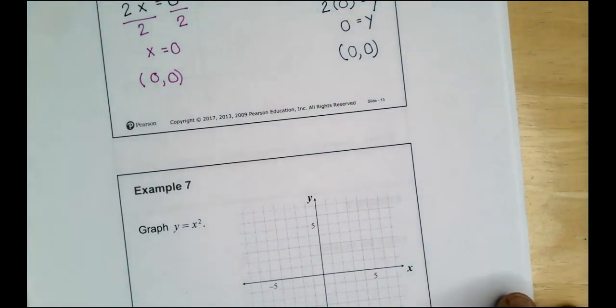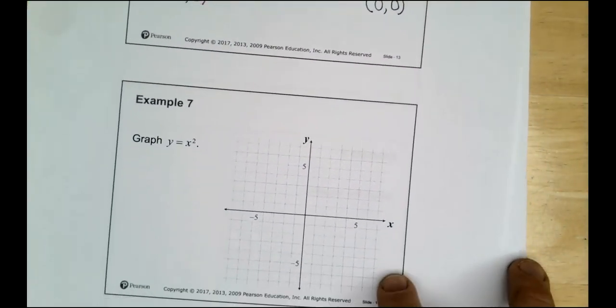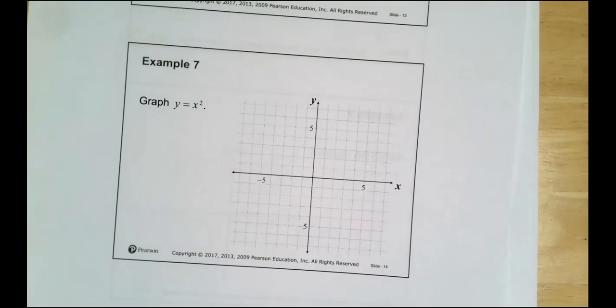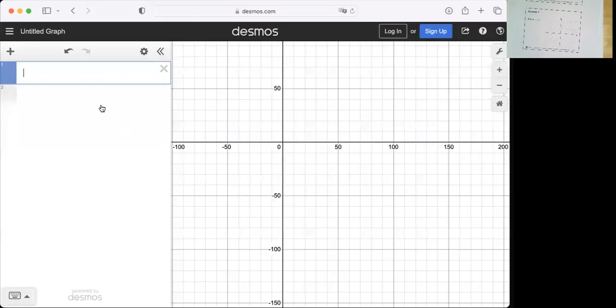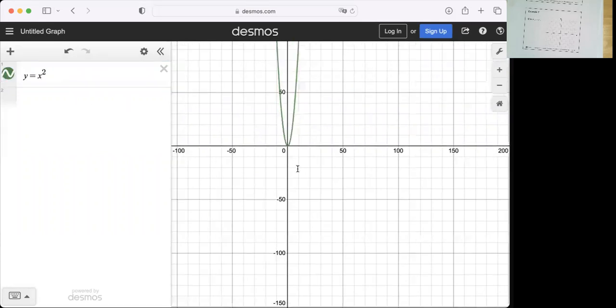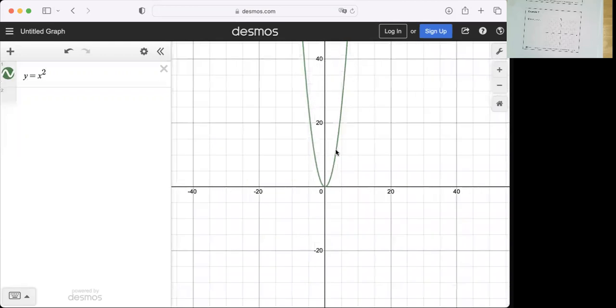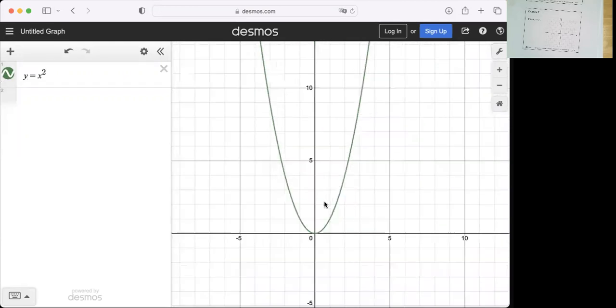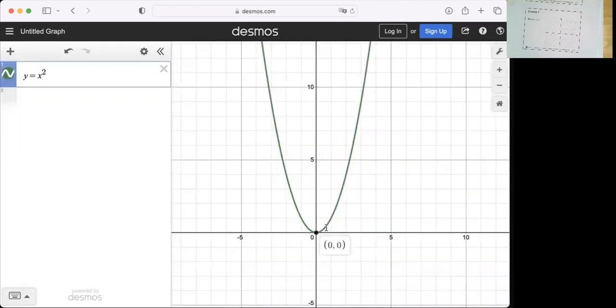All right, graph y equals x squared. I strongly encourage you to throw this into Desmos, okay? Y equals x, shift 6, 2. When you see it, it looks like that. What if x is 0? If x is 0, y is 0.